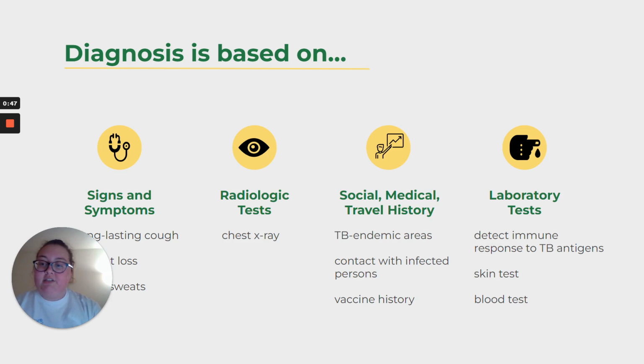So if a patient has latent TB, that diagnosis may be a little bit harder to come by. As a result, we'll typically look at laboratory tests, which detect an immune response to TB antigens. And there's two forms. There's the skin test and a blood test.